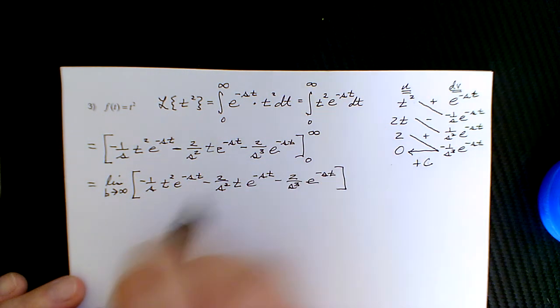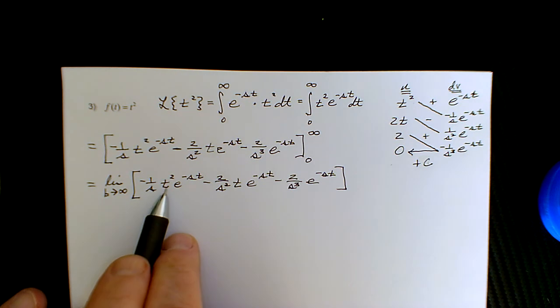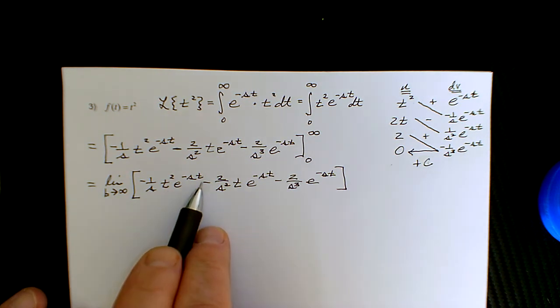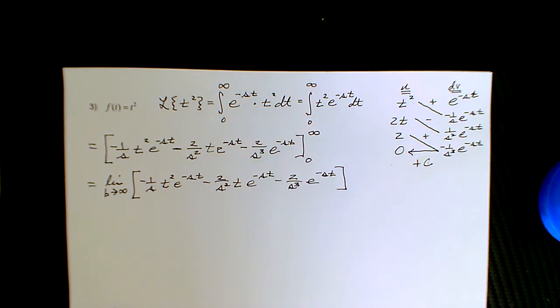Okay, and at that point we can put in our b. Now b is tending toward infinity, but before we substitute in the b, consider the following. And I'm going to go off to the side to show this.